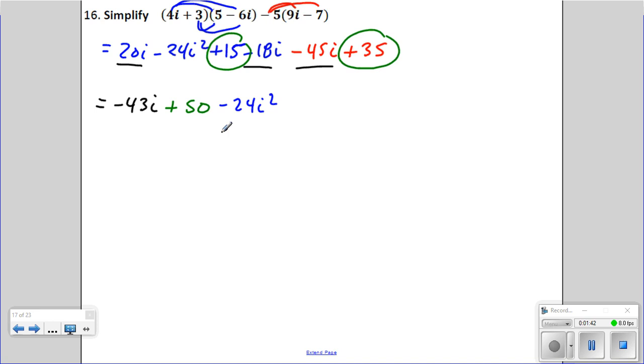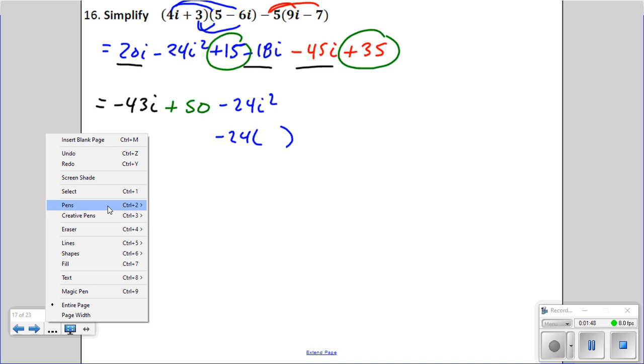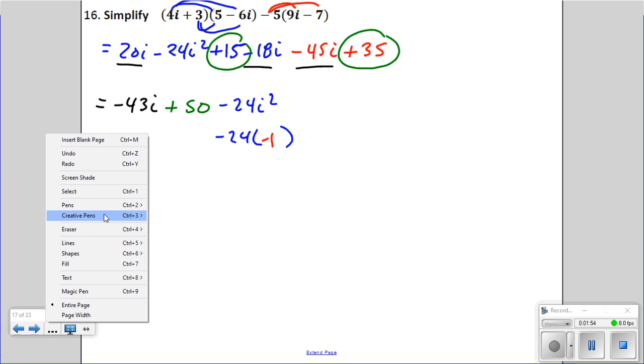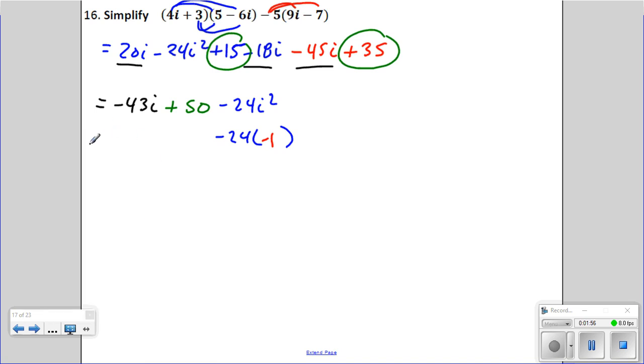But negative 24i squared, you got to remember i squared turns into negative 1. Everything else comes down. So when I have negative 24 times negative 1, that becomes a positive 24.